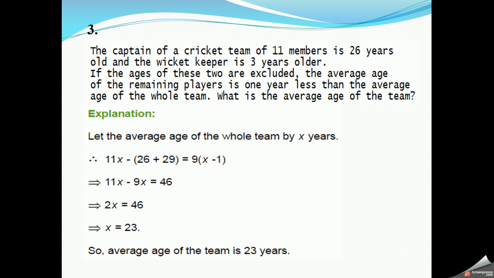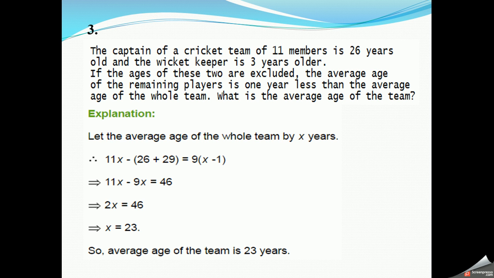There are 11 members in the team, so the overall age of the 11 team members equals 11 multiplied by x. Given that the captain is 26 years old and the wicket keeper is 3 years older than the captain, it means 29 years. When we subtract the captain's and wicket keeper's ages from the overall age, we get the overall age of 9 players.